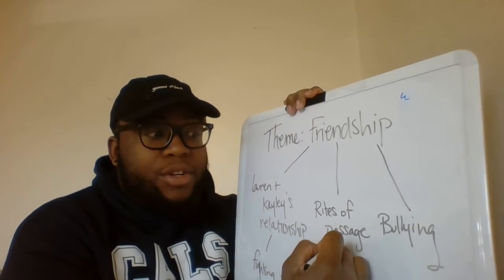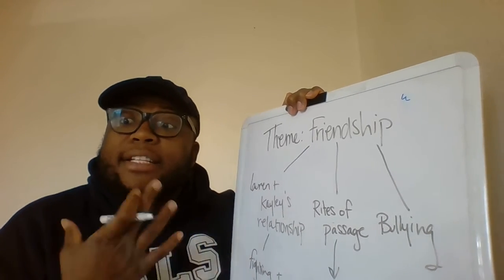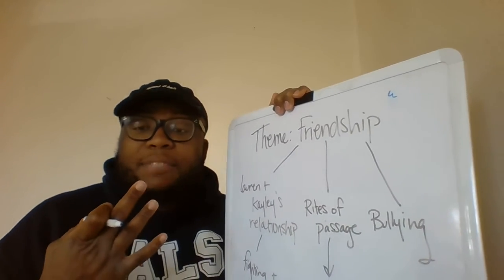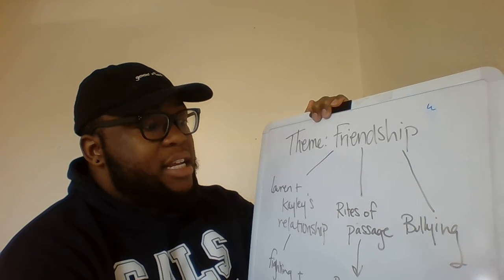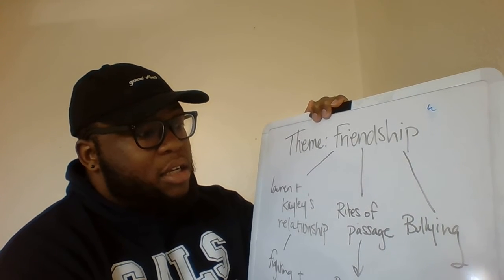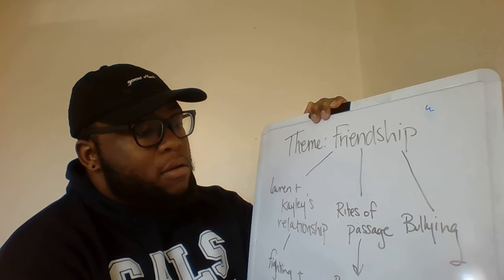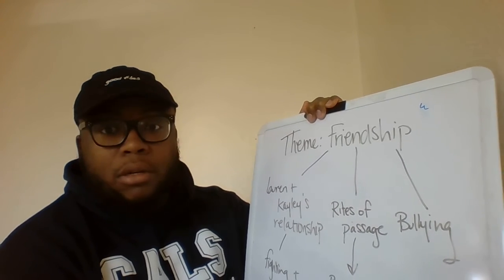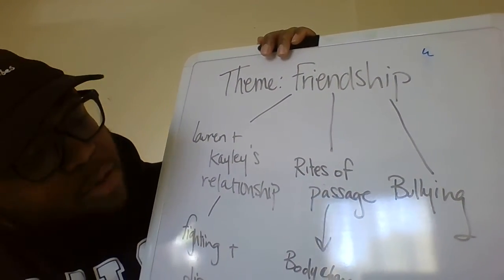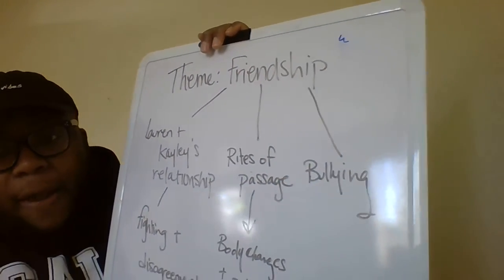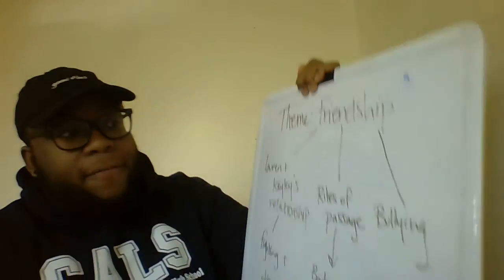Rites of passage, talking about the changes in their body, which a lot of teenagers experience. Body changes in puberty, that's another thing it focuses on. And then what else? Bullying. When we talk about bullying, we talk about Freak the Geek Day.